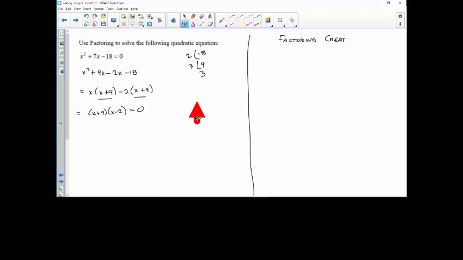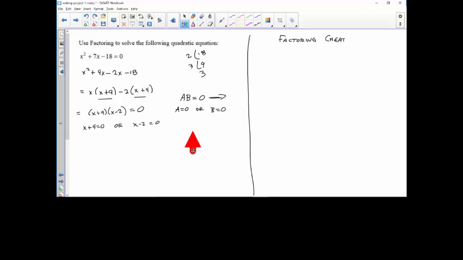And once I've got it factored, look, we're all talking about real numbers here. And here's the zero product principle. Anytime a times b equals 0, then a equals 0 or b equals 0, right? So this is telling us that either x plus 9 equals 0 or x minus 2 equals 0.